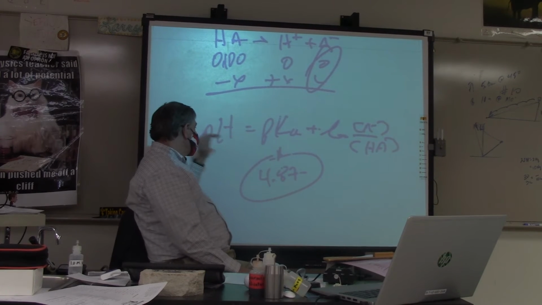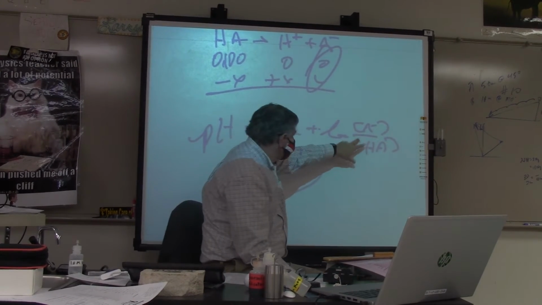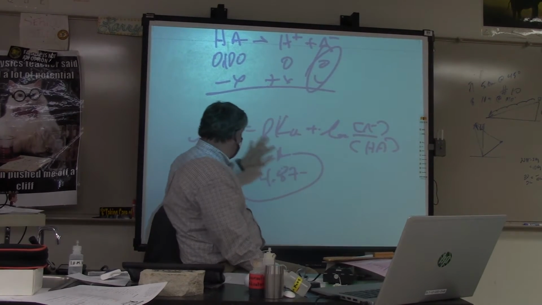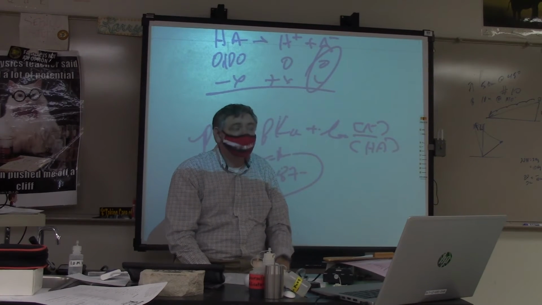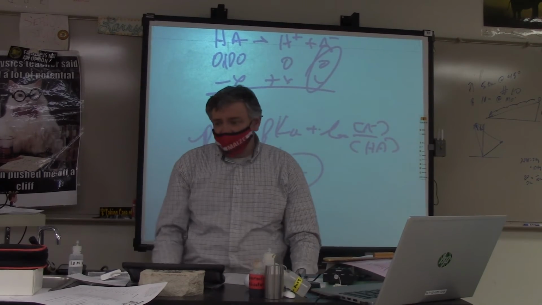So what you get out of this part has to be a positive value that you add to this, and you end up with a pH of 6. Okay? That's the whole key. That's what you want to be able to think through.